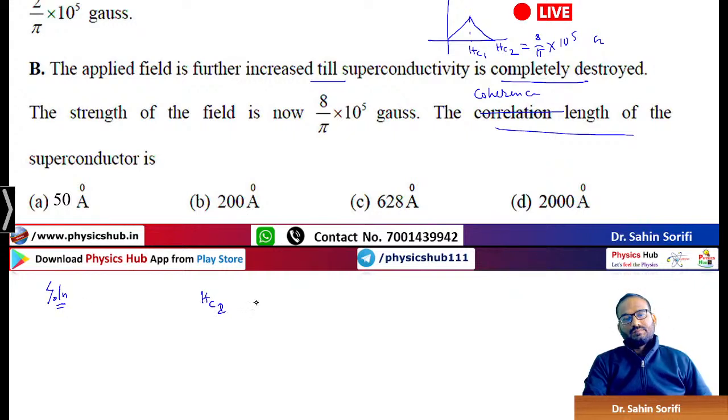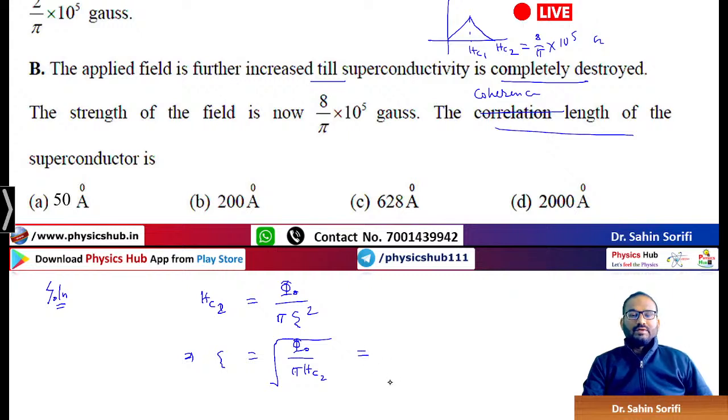Hc2 is equal to fluxoid by pi xi square. Xi is equal to the square root of fluxoid by pi Hc2. The fluxoid value we already know, 2 into 10 to the power minus 7, and Hc2 is 8 by pi into 10 to the power 5.